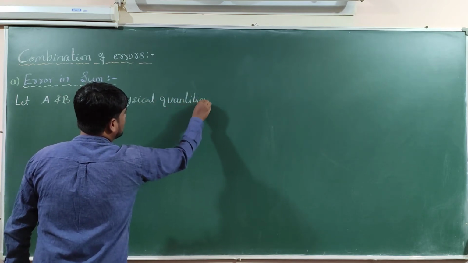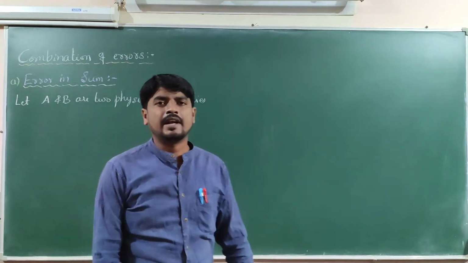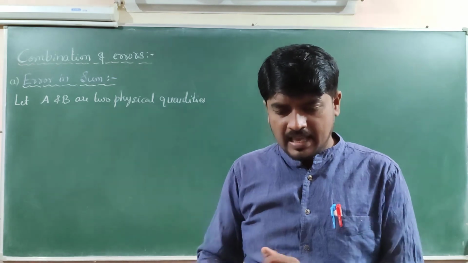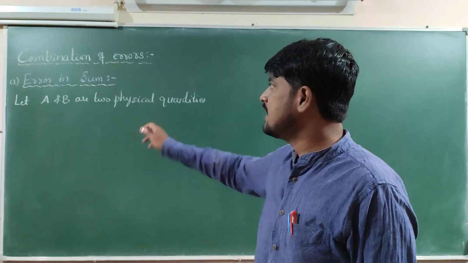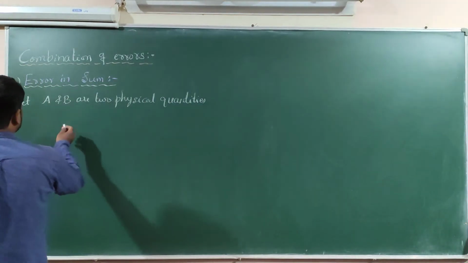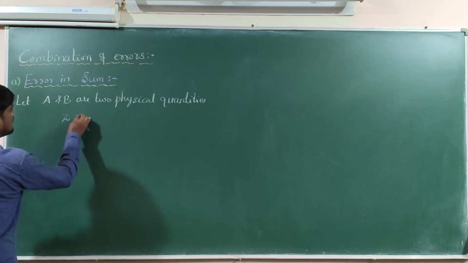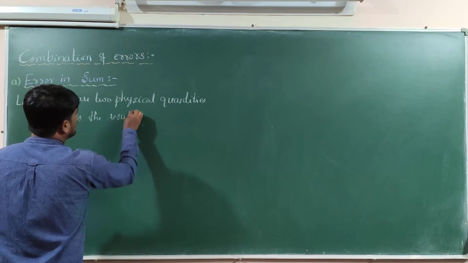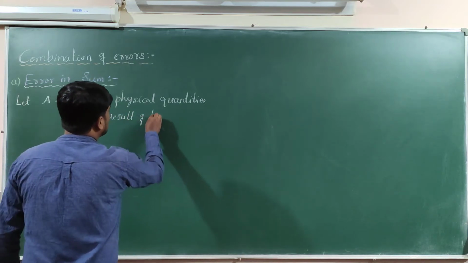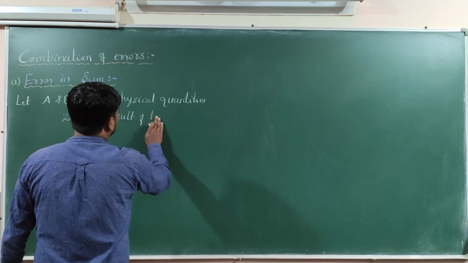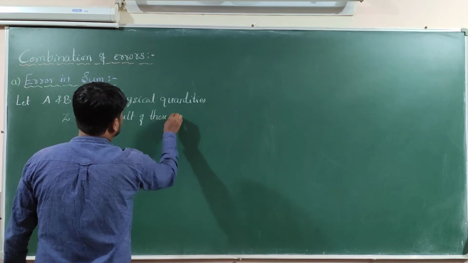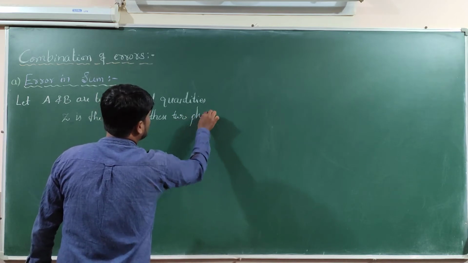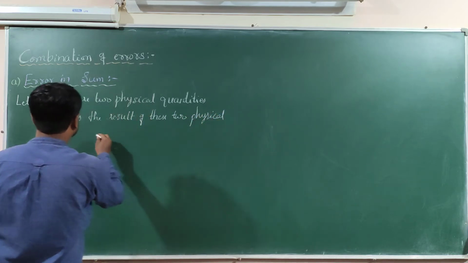I am just considering 2 physical quantities, A and B. And if I carry out the experiment after taking A and B, I will get another one, that is Z. Z is the result of these 2 physical quantities.